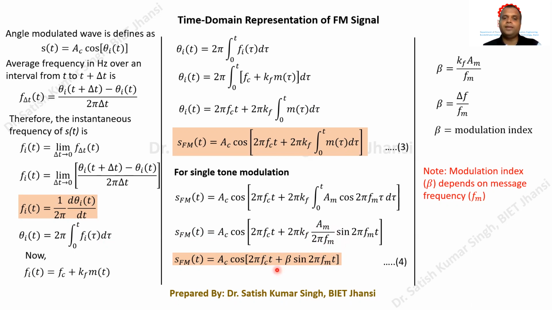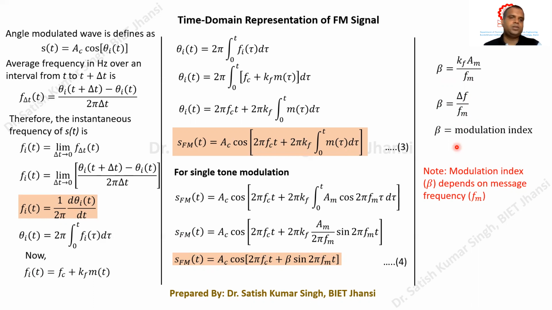You remember that in the final equation, I have replaced k_f A_m divided by f_m with beta. Here k_f A_m is defined as the frequency deviation delta f, so beta is delta f divided by f_m, and this is called the modulation index for the frequency modulated wave.